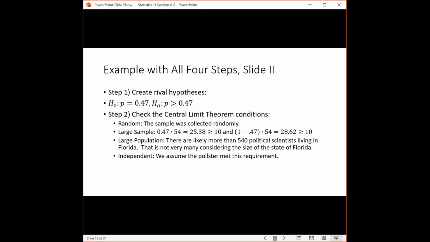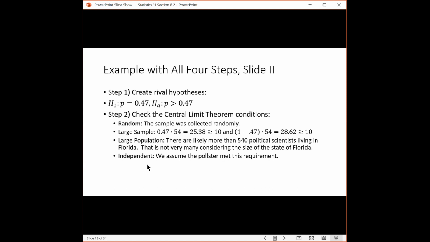It's a little hard to check on that one. Most of these the answer is very obvious, but if you went around and asked people, are you a political scientist or not, a reasonable guess is that there's certainly more than 540, considering how many millions of people live in Florida. So it's pretty likely.